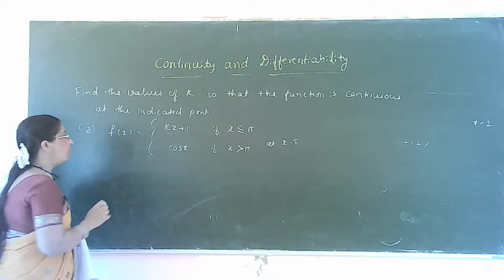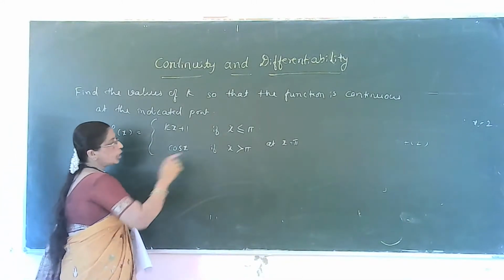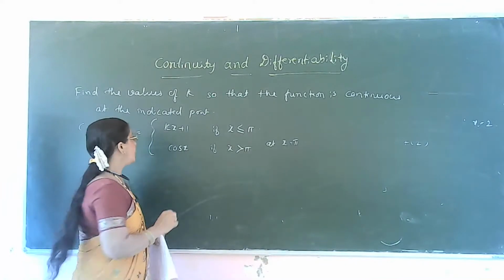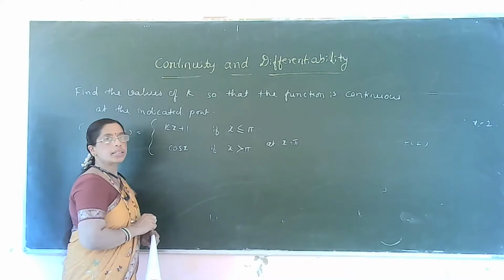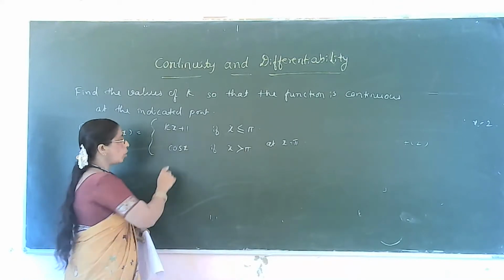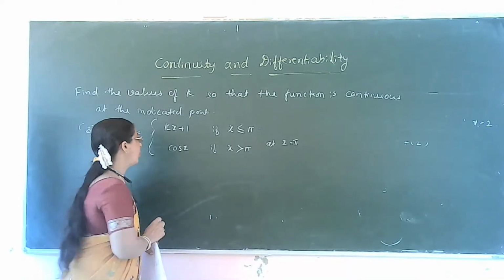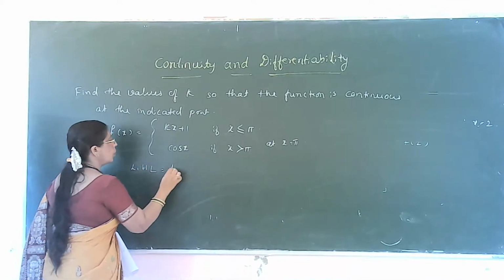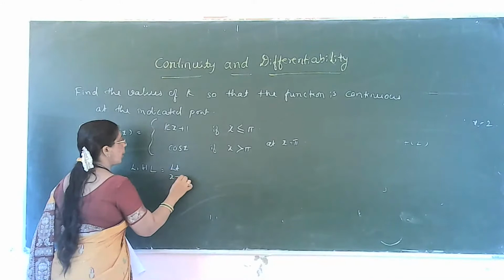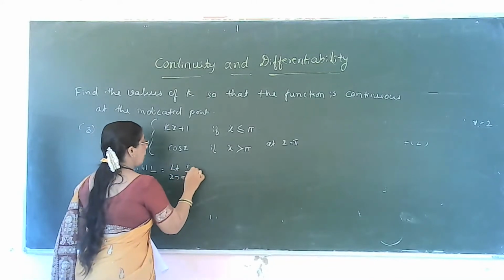Here also the same type of problem. At x equal to 5, the function is continuous. We find the LHS limit and RHS limit.